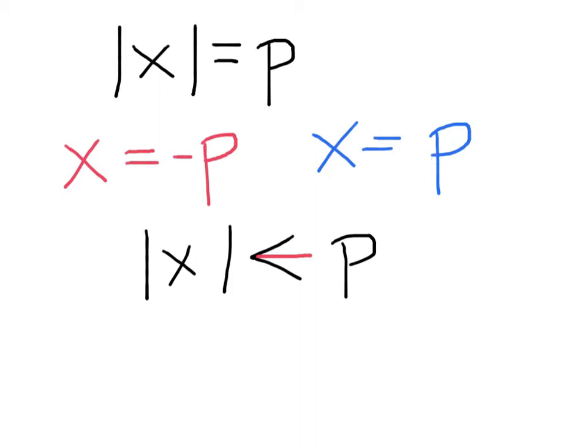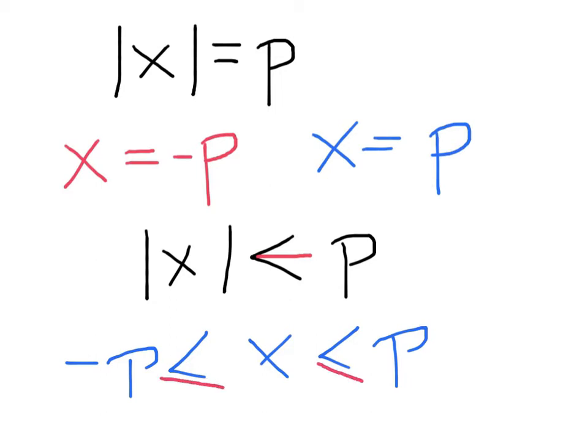But this one, we get to put whatever was in x. We get to do that. And then we put the positive guy out there, and we put the negative guy there. Now, of course, this also works if this is or equal to. Right?